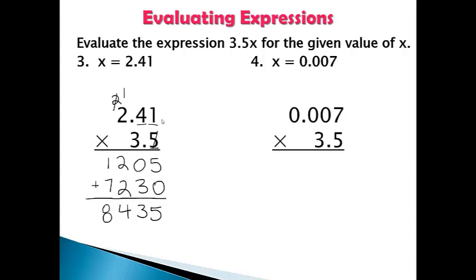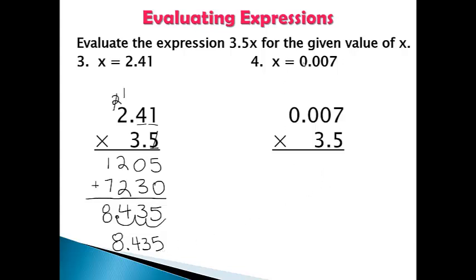Now we'll add these up. 2 plus 1 is 3, so we have 1, 2, 3 digits after our decimal. So we're going to start on the right-hand side or at the end and move our decimal up 3 places. 1, 2, 3. So our decimal is going to be between the 8 and the 4. So our answer is 8 and 435 thousandths.